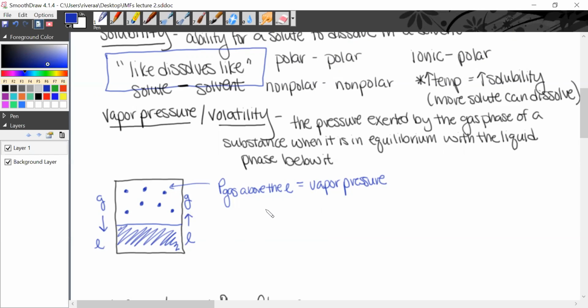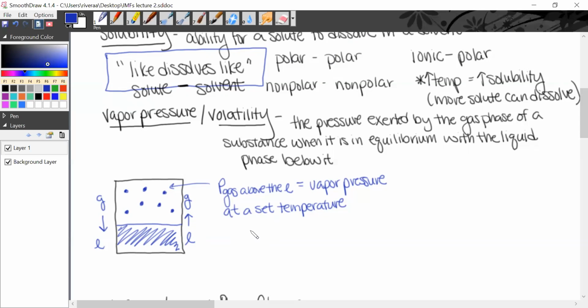This vapor pressure also depends on temperature. So this is at a set temperature. So remember, temperature. When you guys were looking up these values for the lab, everybody had a different value because you were looking up whatever the water vapor pressure would have been at your particular temperature.